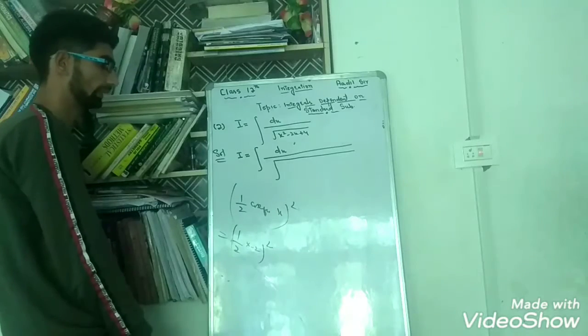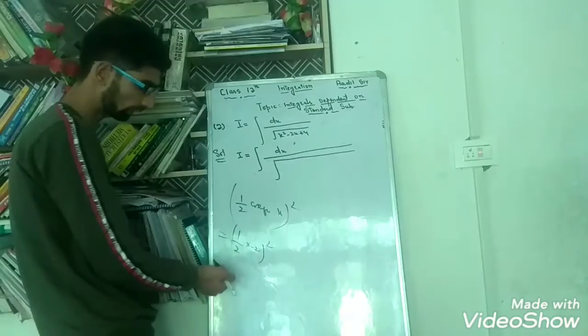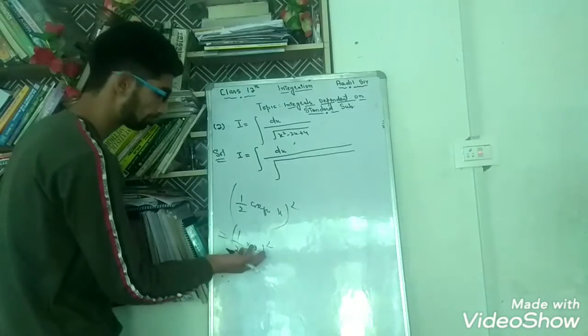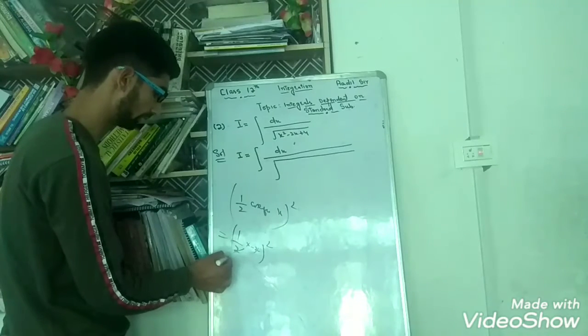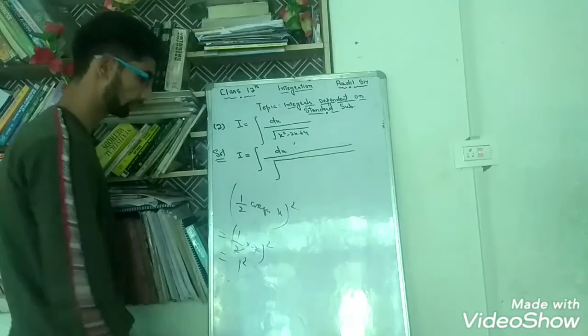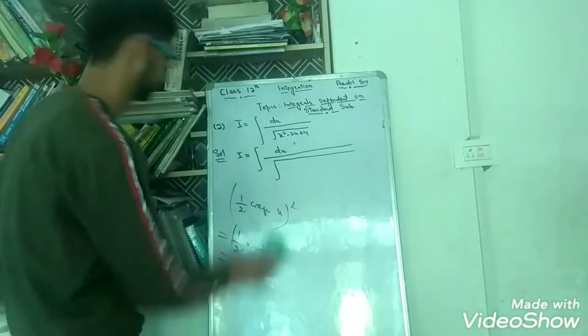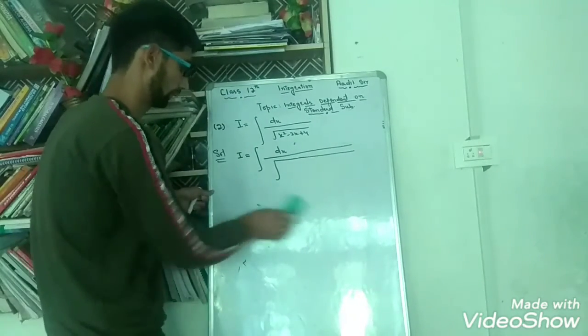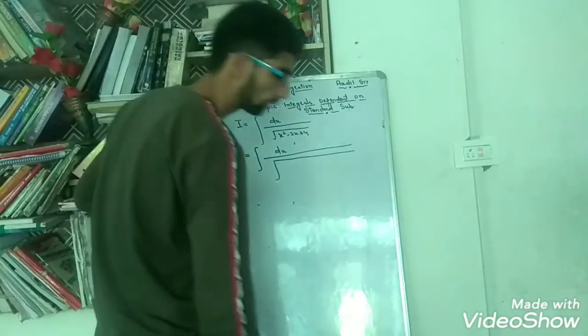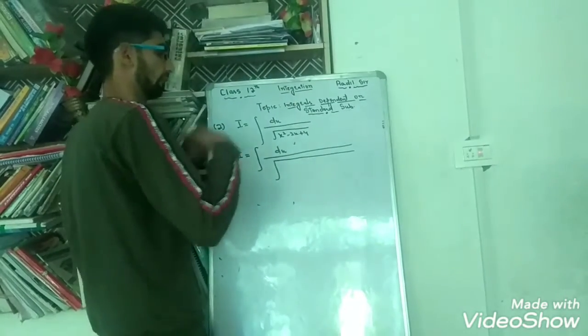So we will add this. It will come out as, beta, 2 and 2 will get cancelled, it will be 1 square. So we will add and subtract 1. In the second step we have to add 1 and we have to subtract 1 also.